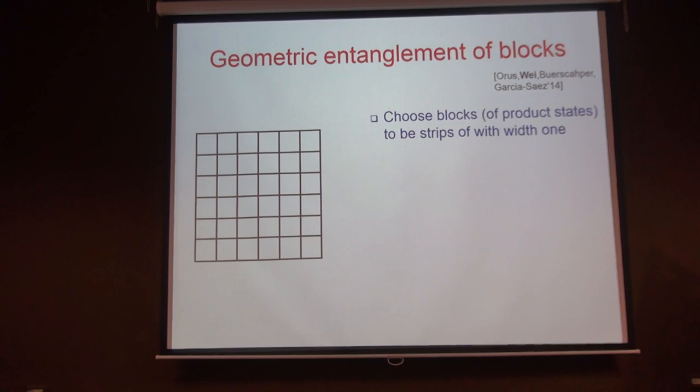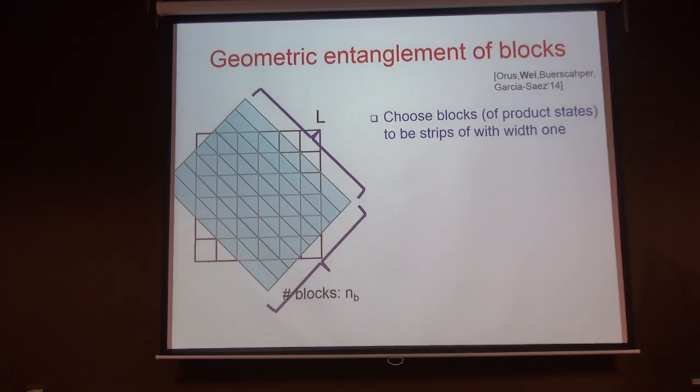Because for this wave function we don't yet know how to compute the geometric entanglement analytically, we turn to numerical methods. The way we do the partition is we choose this zigzag partition, because the spins are not on vertices but on the edges.